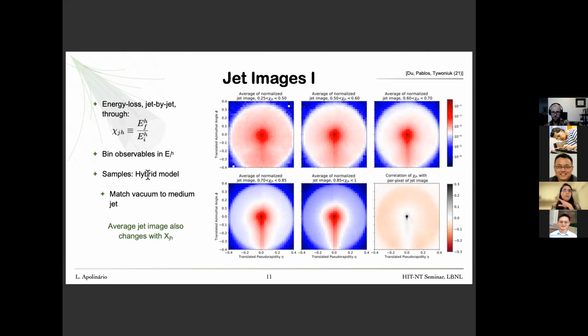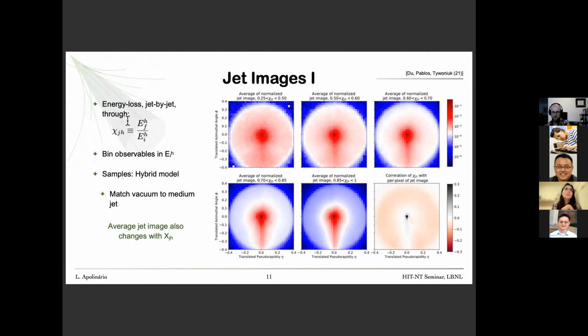So they have full control, jet by jet and event by event, of the energy of the hypothetical vacuum jet, denoted by the subscript I for initial, and the jet after undergoing energy loss effects. In their case, they also consider the medium response that is included in the hybrid model.